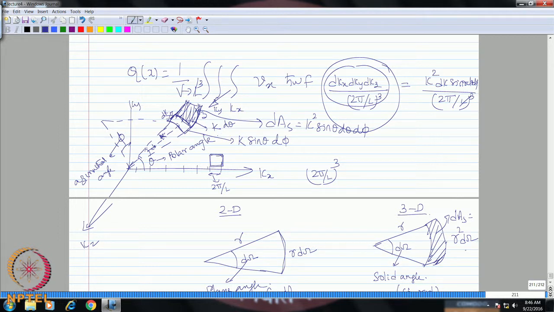So, I have to convert this in terms of theta and phi, right. Now, if I want to make this a sphere, what will be the limits of theta and phi? My theta should go from 0 to pi, and phi from 0 to 2 pi.